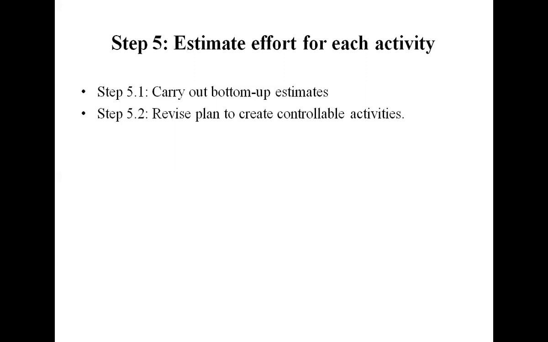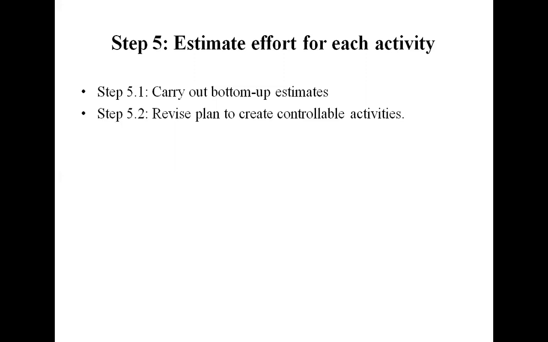We also check for other resources needed. If any requirement is needed, we have to estimate that type of resources in estimate effort for activity. So how much time you spend and how much effort you spent for that time. All these come under carry out bottom up estimates.